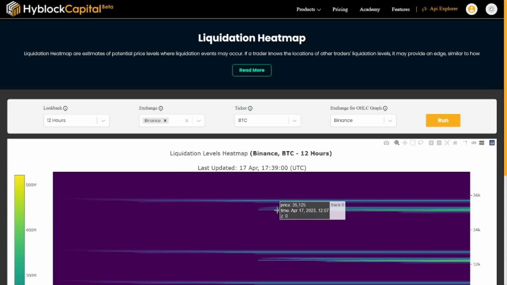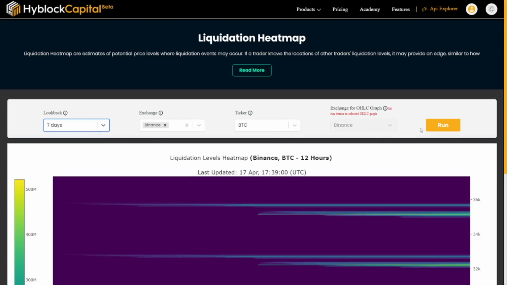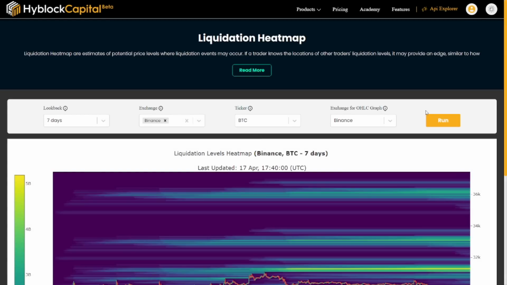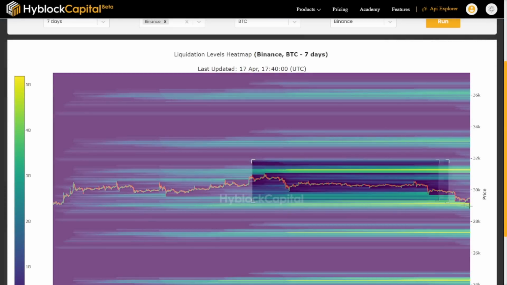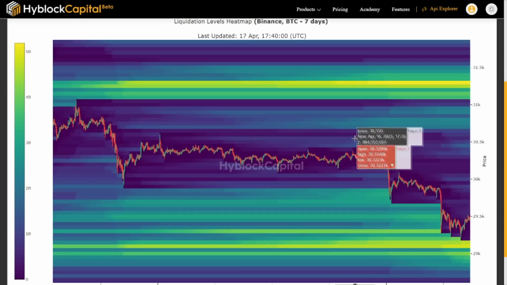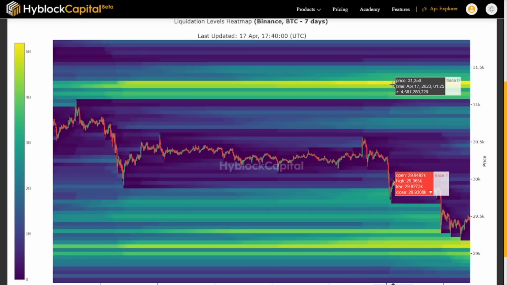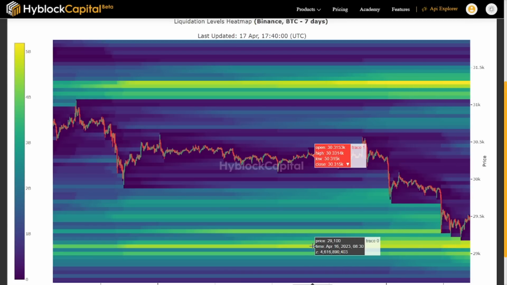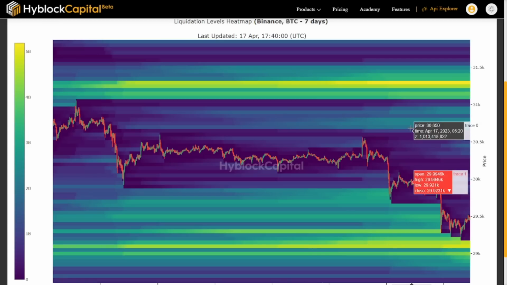Let's have a look at the liquidation charts in Hyblock. If you go to the 7 days time frame, we can see the logic behind this move for Bitcoin. I think this was over the weekend, and you could see that Bitcoin was between two very important liquidity zones. To the upside we had 31,300 and to the downside we had 29,100.